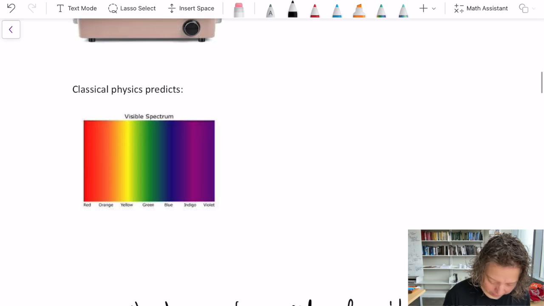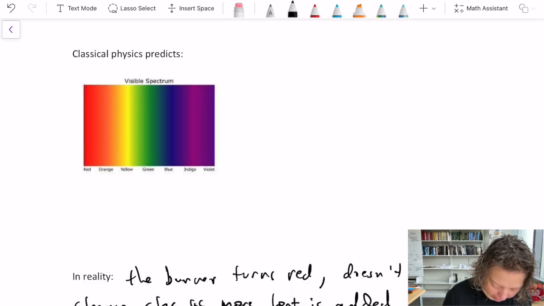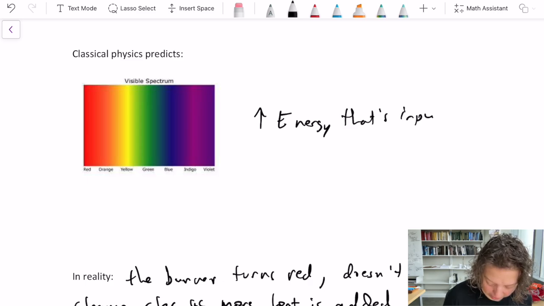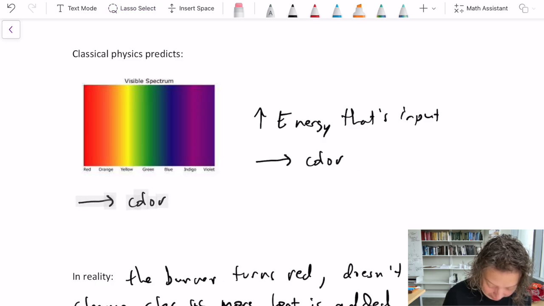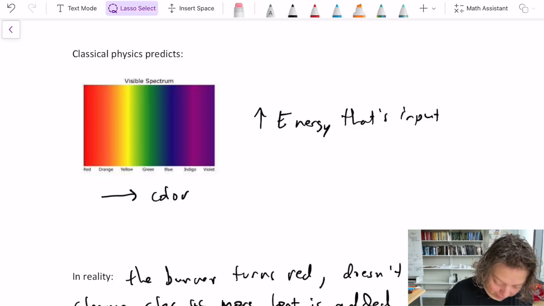Classical physics predicts that as energy input goes up, the color that's emitted kind of spans that spectrum.